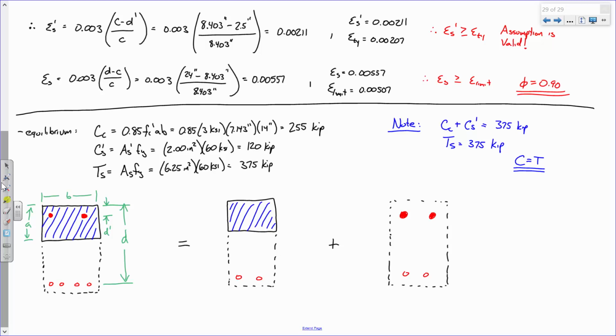Same story as before. How do we define a moment? Just basics. It's a force times a moment arm, right?